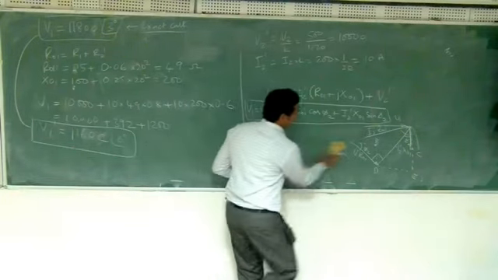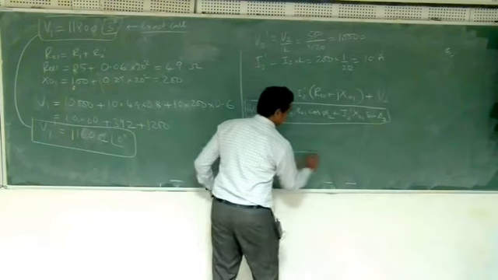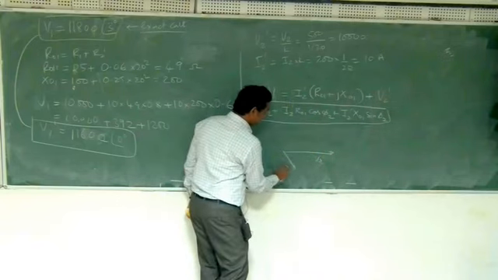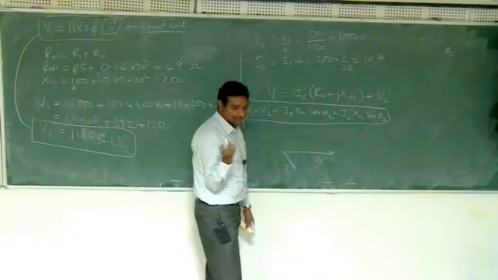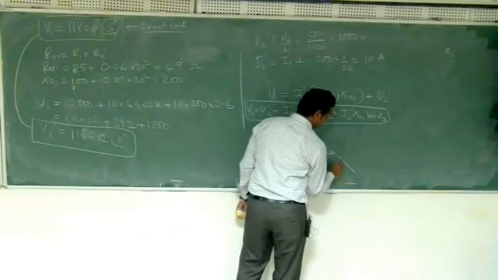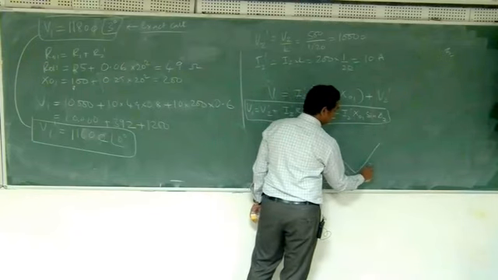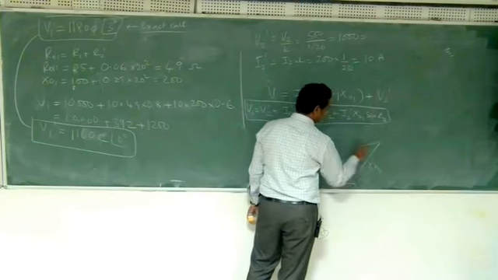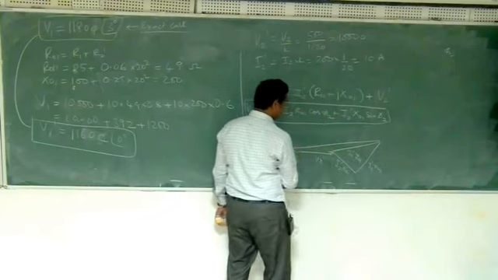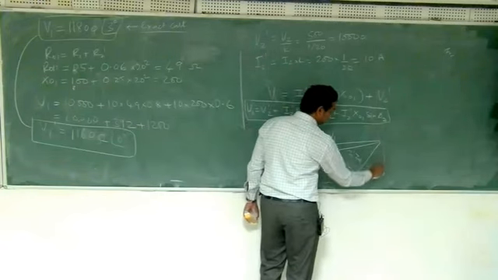I'll just quickly draw the diagram once again. V2, actually it is V2 dash, then I2 will be somewhere lagging. If the load is lagging, this is I2 dash, this angle will be phi 2, this will be I2 dash R01, this will be I2 dash X01, this will be I2 dash Z01, and then this will be V1.